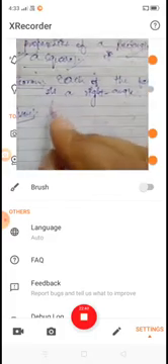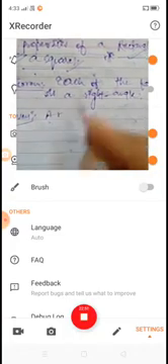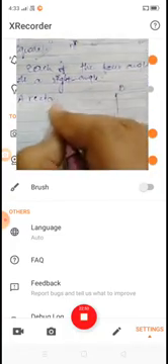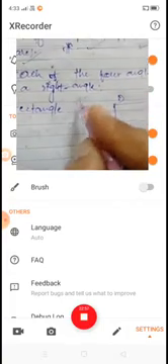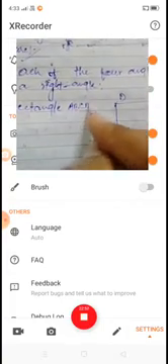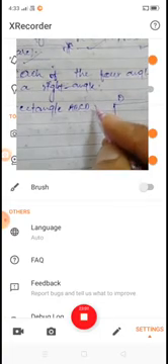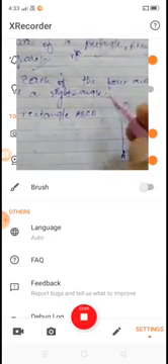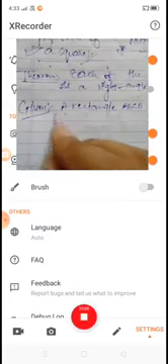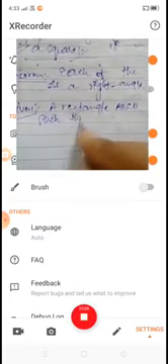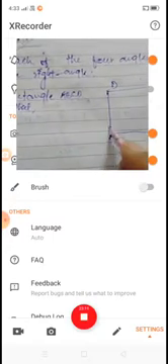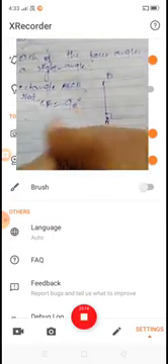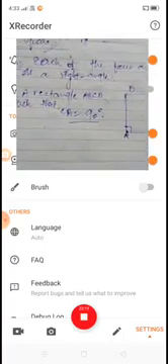So write in given a rectangle ABCD such that, let us take, angle A is equal to 90 degree.